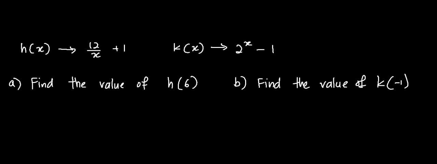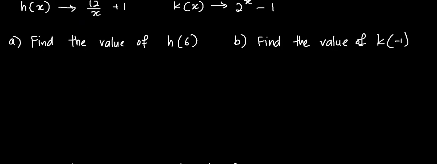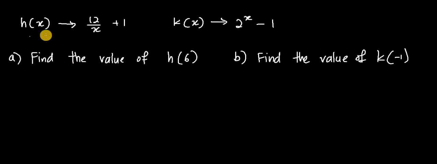Now, let's look at this question. So I have h(x) equals this and k(x) equals this. Find the value of h(6). So this is quite simple. h(6) would be: wherever the x value is in h(x), I'm just going to substitute the value of 6 inside.